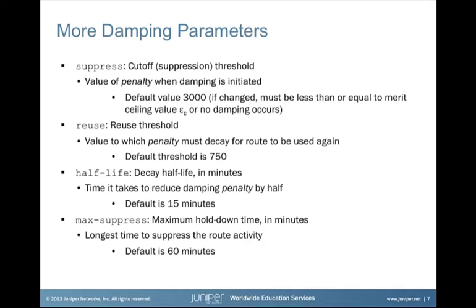The half-life is the decay half-life in minutes. It defines the time that it takes to reduce the damping penalty by half. The default value for this is 15 minutes. The max suppress is the maximum hold down time in minutes. So how long can we suppress route activity due to damping? The default is 60 minutes.